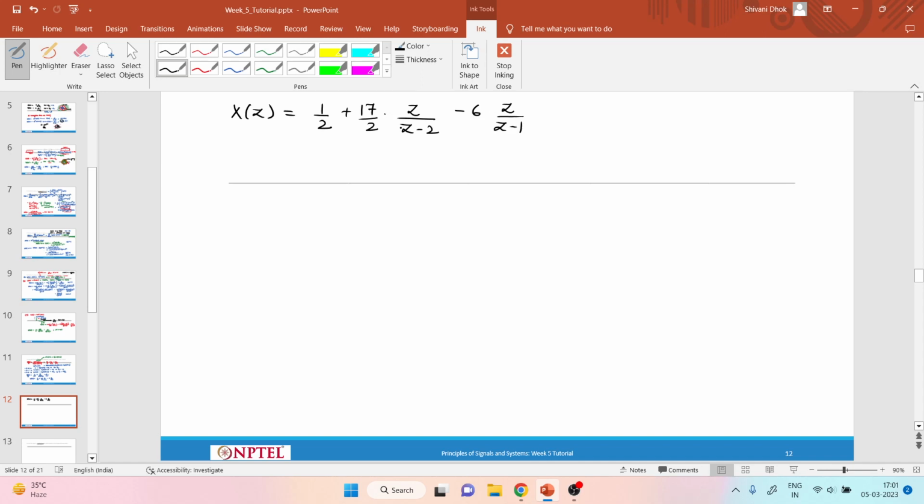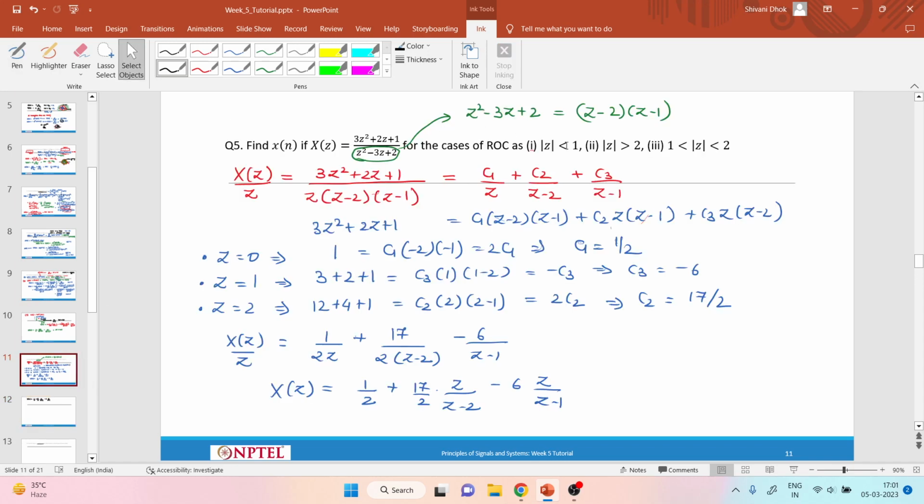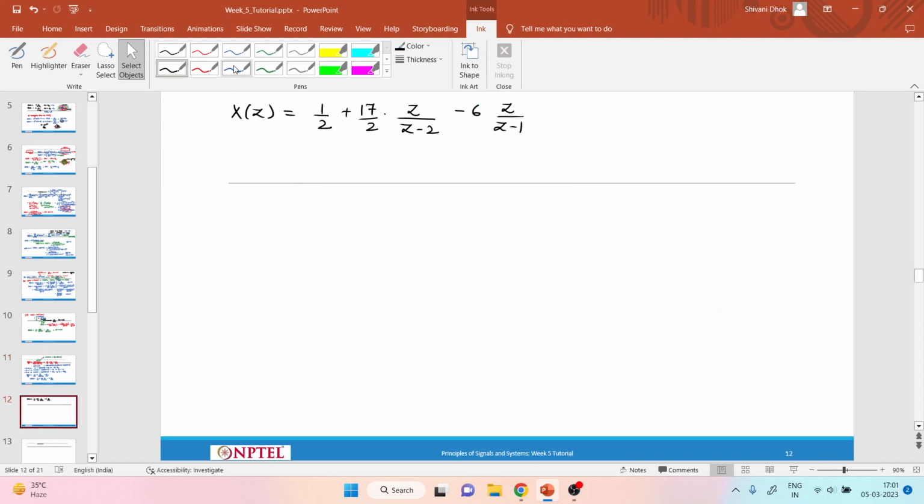And we need to find the inverse Z transform for different ROCs. So let us look at the first region of convergence. The first case that we have been given is the ROC where magnitude of z is less than 1. So let us try to draw this first.